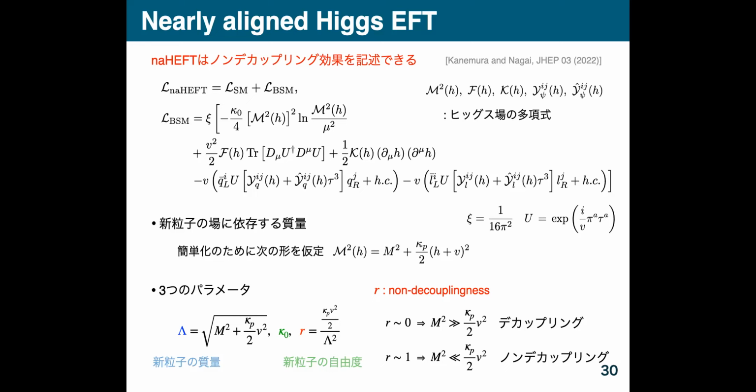So your nearly aligned Higgs EFT can be a good approximation for certain testable models. Yes.